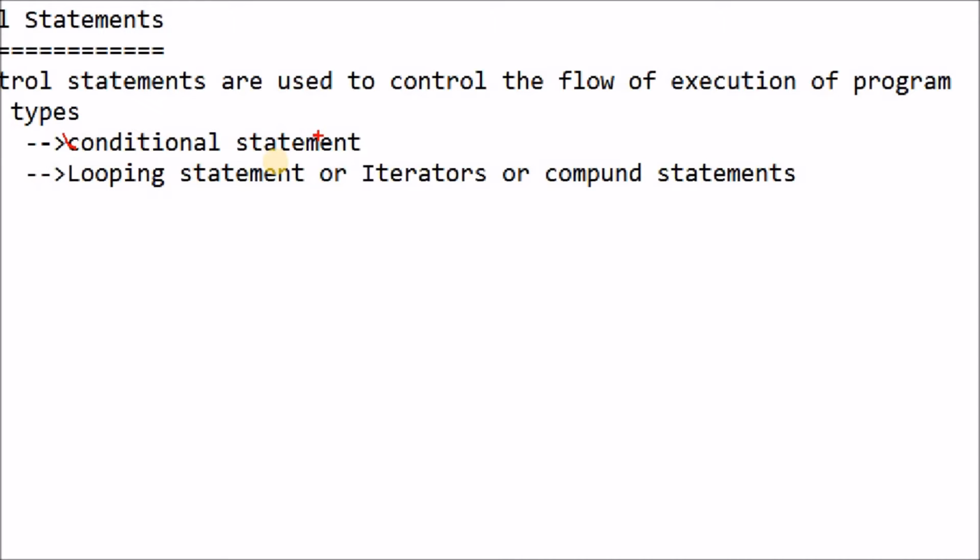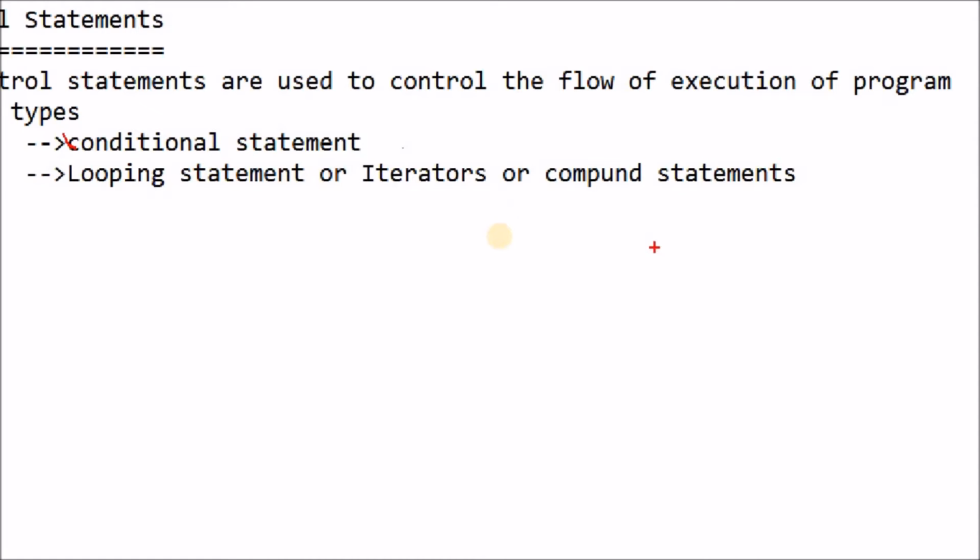If the condition is true, then only we will execute some statements. If the condition is false, then we will skip those statements. Now, loop statements or iterators are similar, but loop statements execute more than one time, and conditional statements execute only one time.